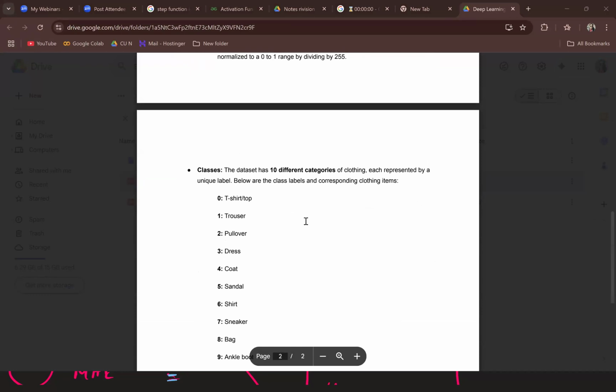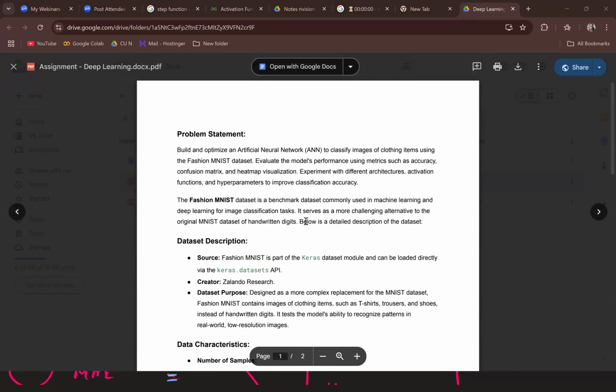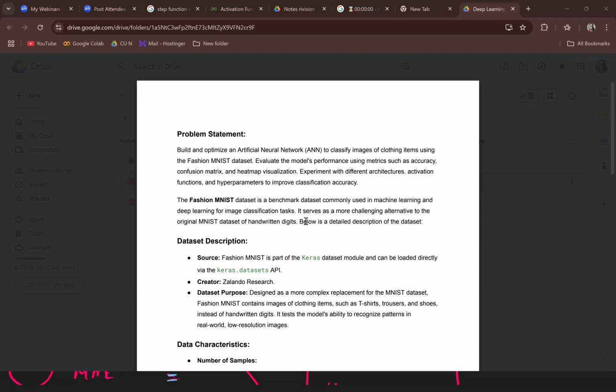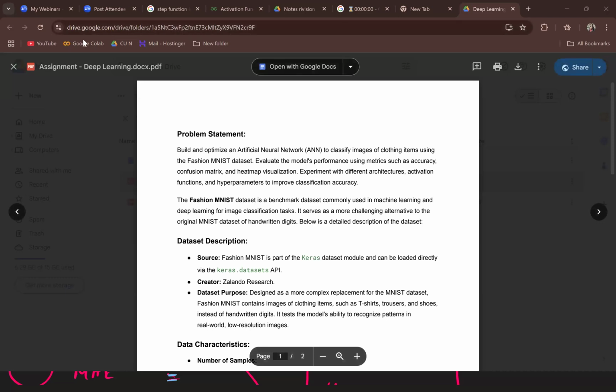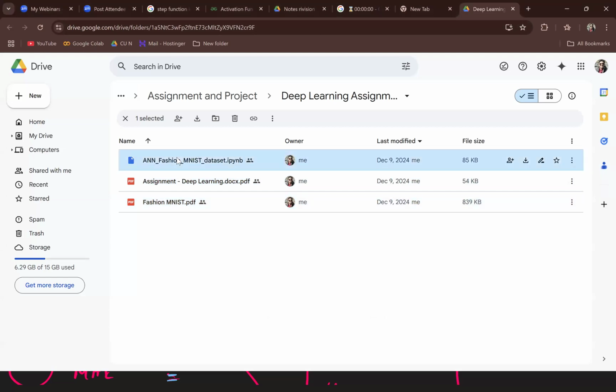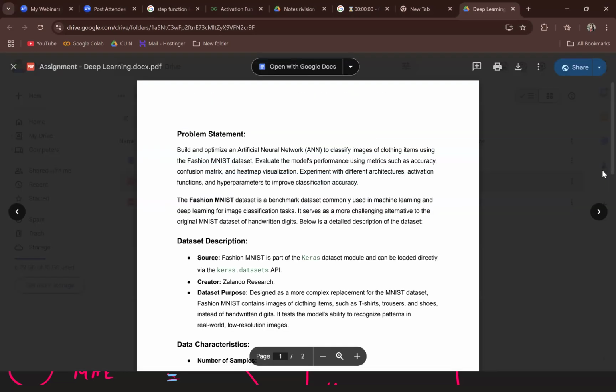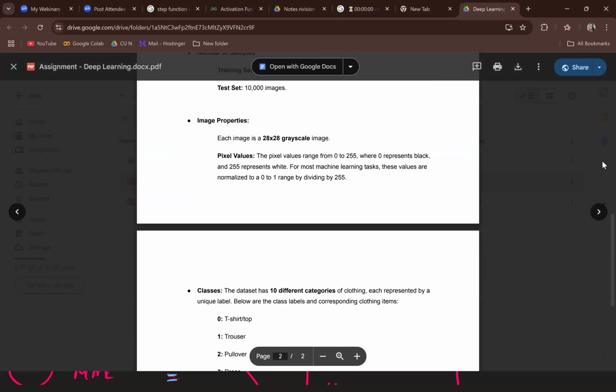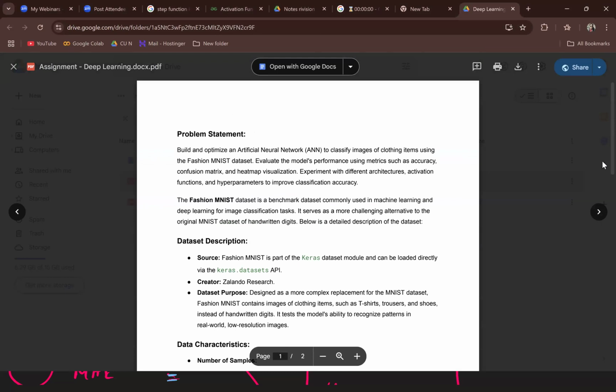Everything is given in this description file. The way you implemented your normal ANN for the MNIST dataset, you will implement the same thing for Fashion MNIST. If you are stuck somewhere, only then refer to the solution. The solution is in PDF format, and this is the IPYNB or Colab format. This is your main file actually. Please read this file and start implementing it now.